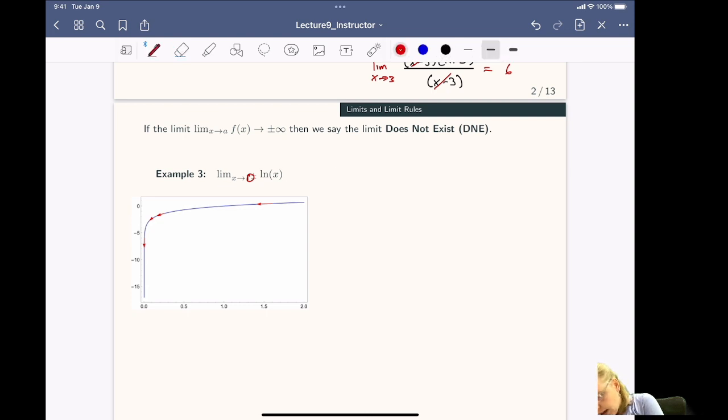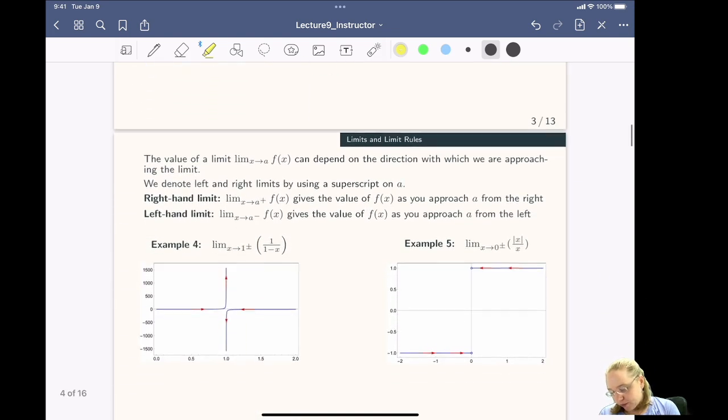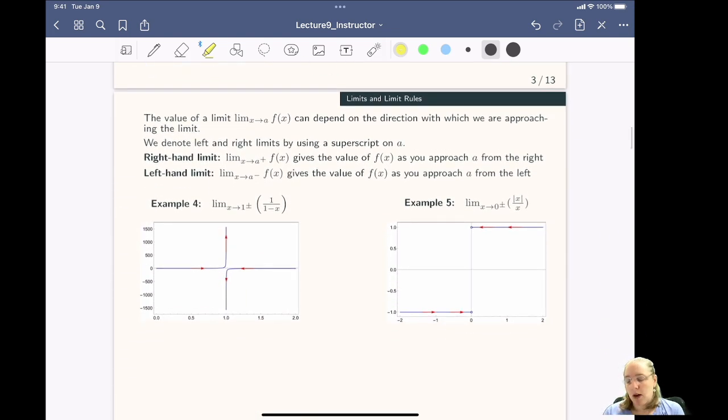So we are going to say that this approaches minus infinity. And in other words, the limit does not exist. So formally, if the limit either approaches minus infinity or approaches positive infinity, that means that the limit does not exist. All right, so what about evaluating the limits of other functions?